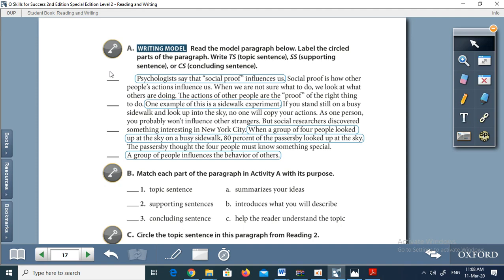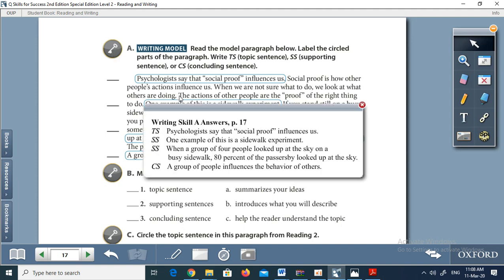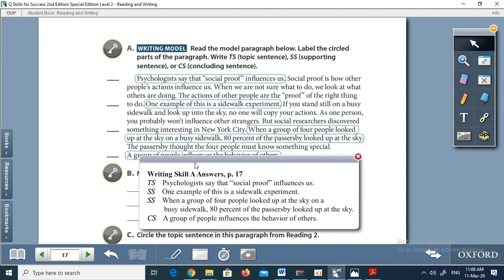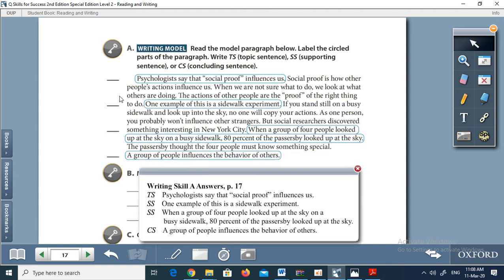So we write TS here, and then we look at the answers. This one here is the SS, because examples are also supporting sentences towards the TS. The next one is also SS, supporting sentence, one group, right? And the last one here is the CS, the concluding sentence, right? So like this.